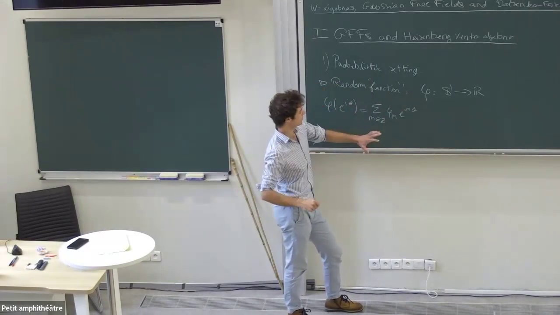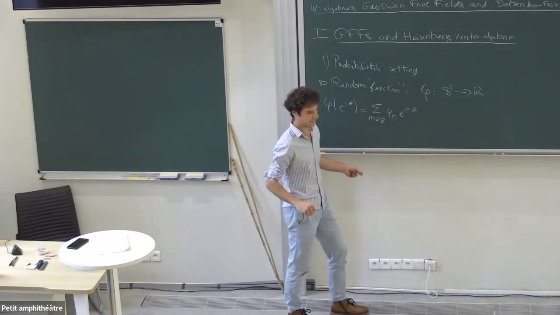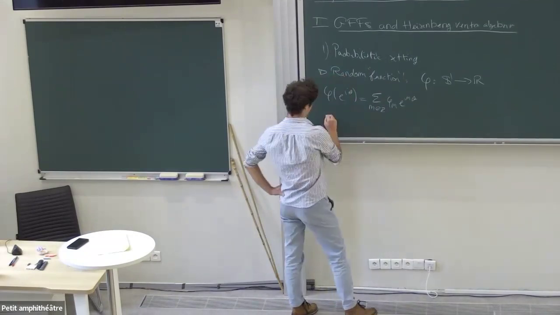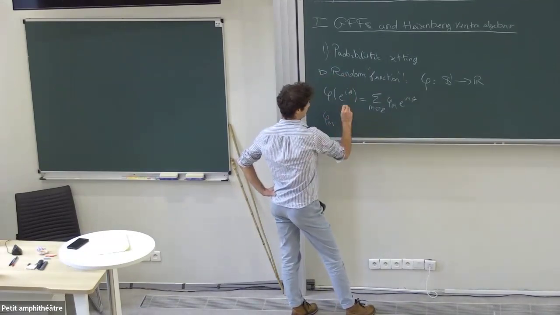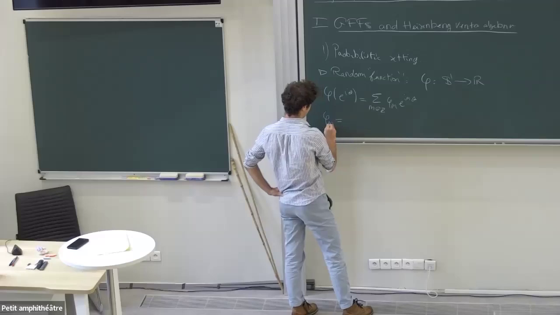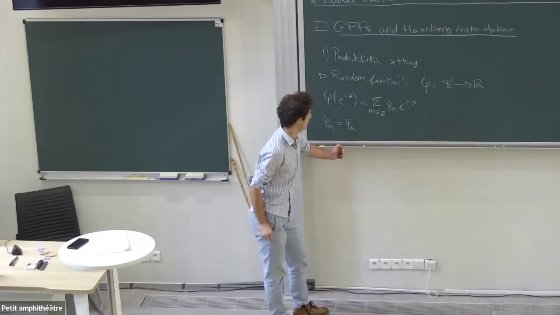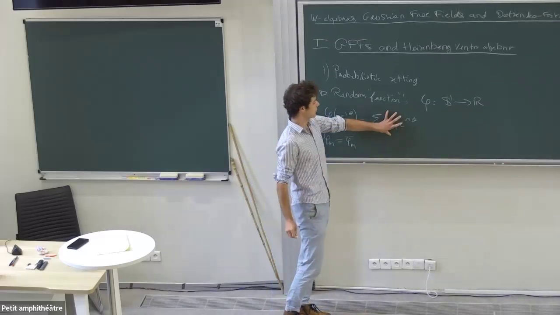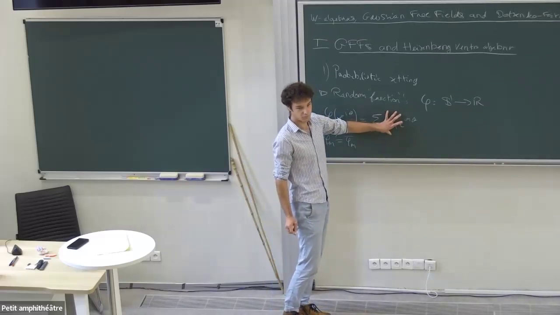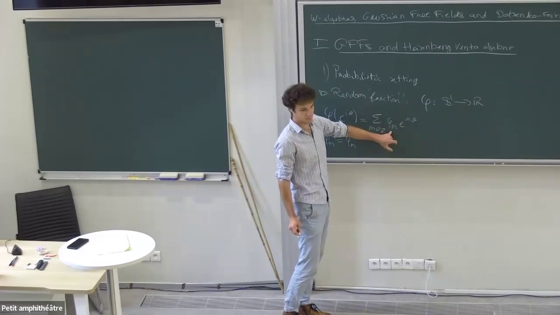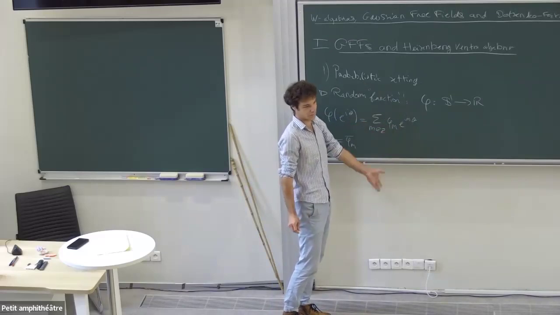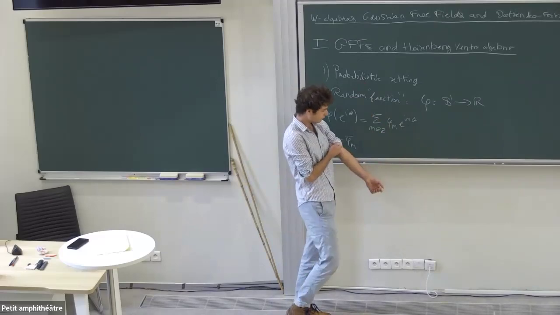Then, to define a random function, you can say that these phi n are assumed to be random. Since this is real valued, I say that phi minus n is the conjugate of phi n. So sampling a random function on a circle is somehow the same as sampling an infinite collection of random variables phi n.